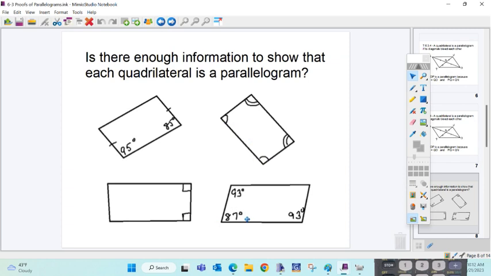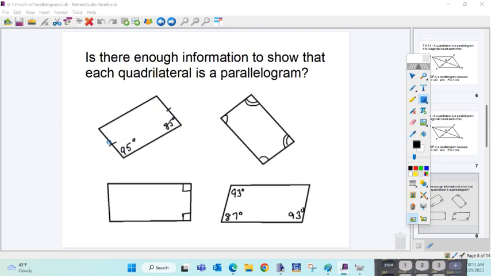So for these four, we want to think about the things that we have and find out, do we have enough information here to know that we have a parallelogram? All right, in this one right here, is that enough information to show that we have a parallelogram? Yes, definitely. We have one side that is congruent to the other side.